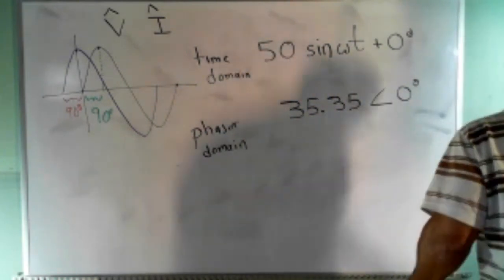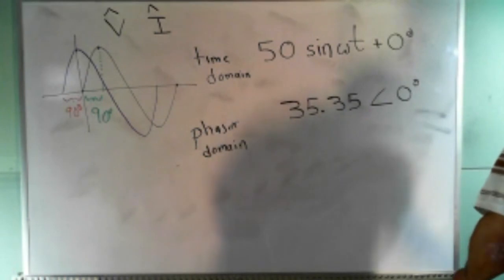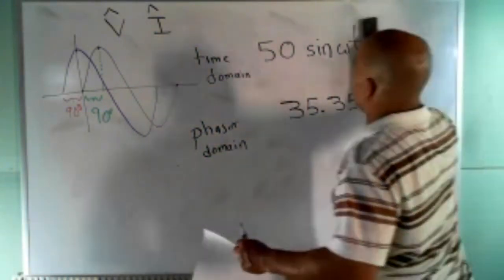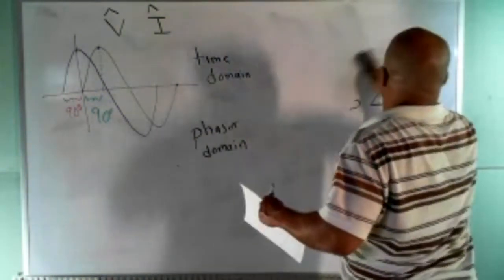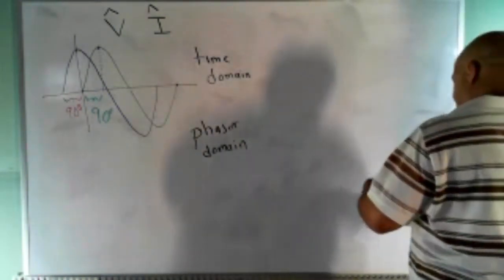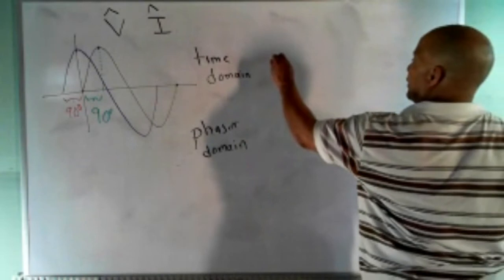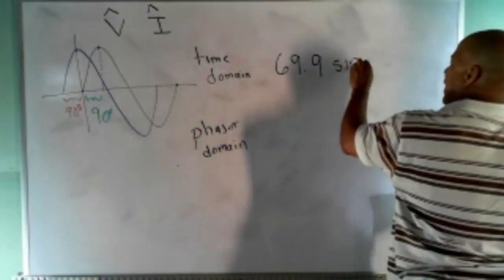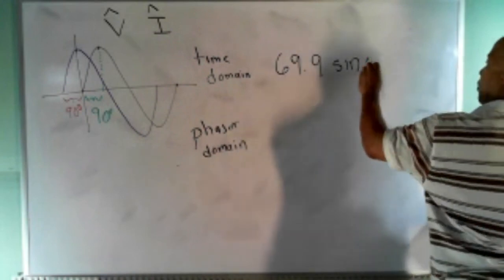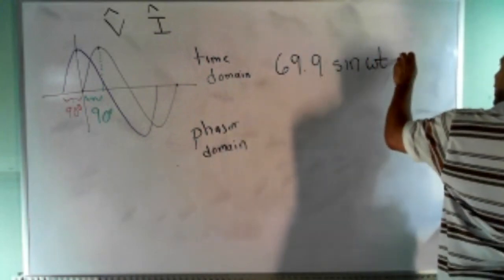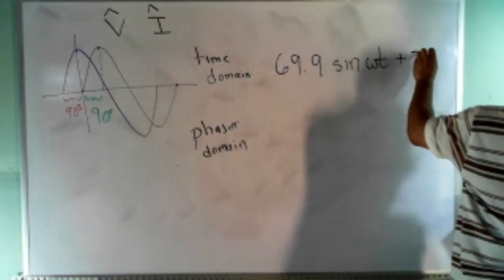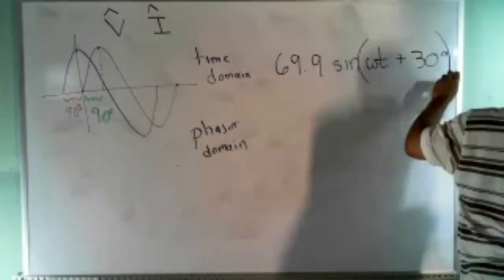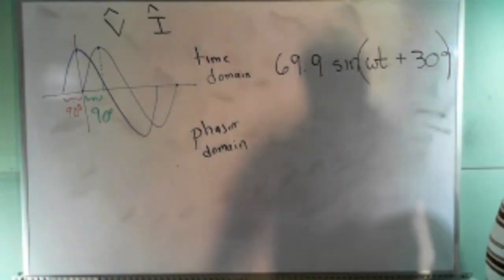All right, so let's do another one. They give you 69.9 sine omega t plus 30 degrees, and they want you to convert that to a phasor.